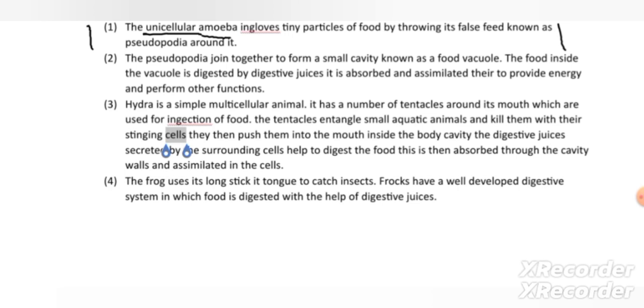Humans are not unicellular because we are made up of trillions, billions, millions of cells. So we are multicellular organisms. Amoeba, the unicellular organism, engulfs tiny particles of food by throwing its false feet, known as pseudopodia around it.